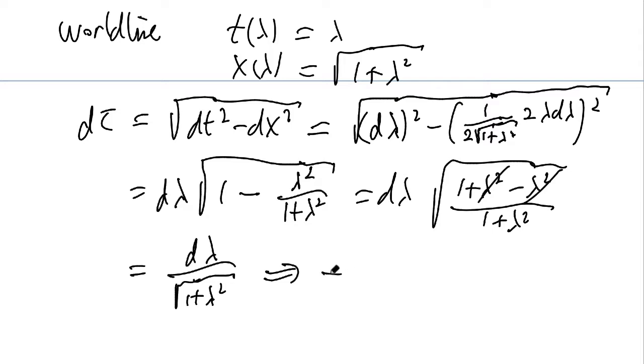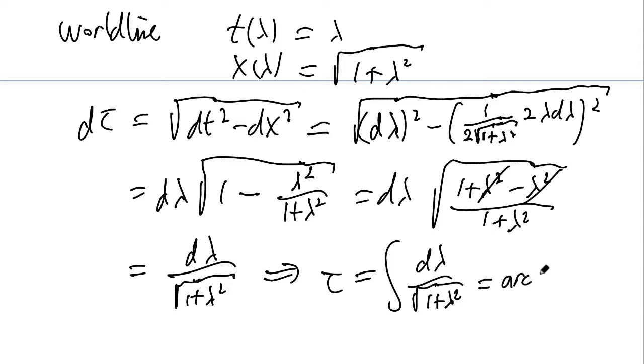We can integrate this. And the integral of 1 over square root of 1 plus lambda squared is inverse hyperbolic sine of lambda, arc sinh lambda.